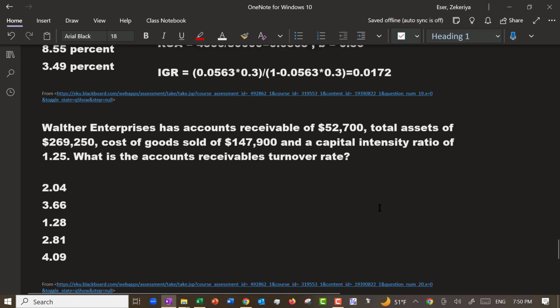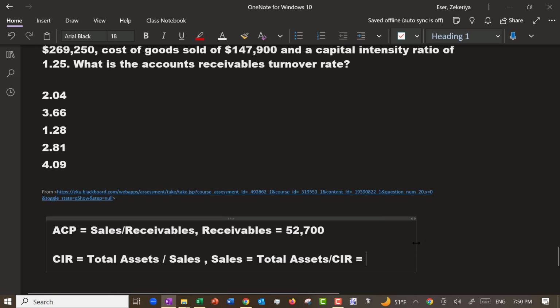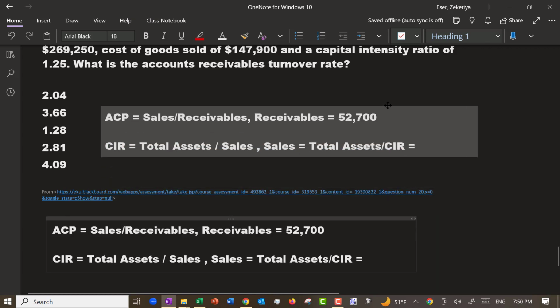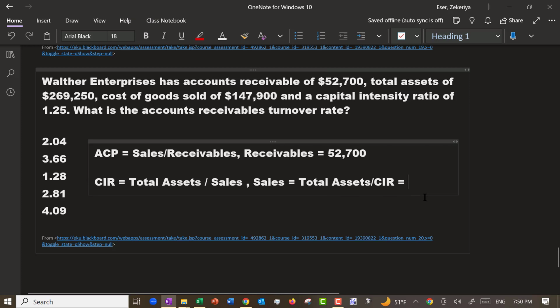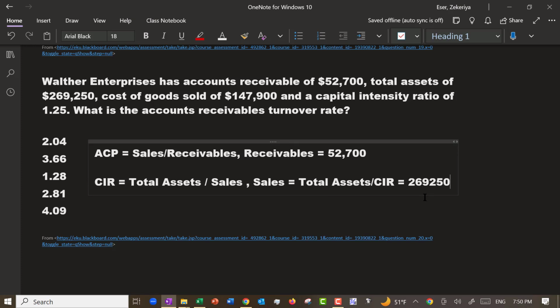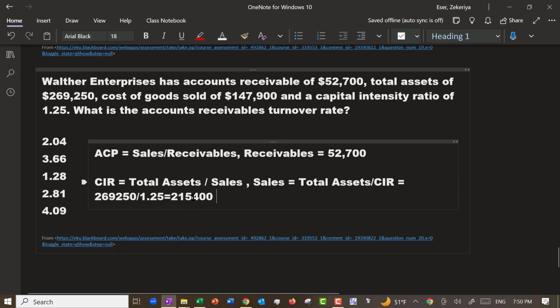In this case, let me move this whole thing here. 269,250 divided by 125. So those are my sales. The rest is not a problem.